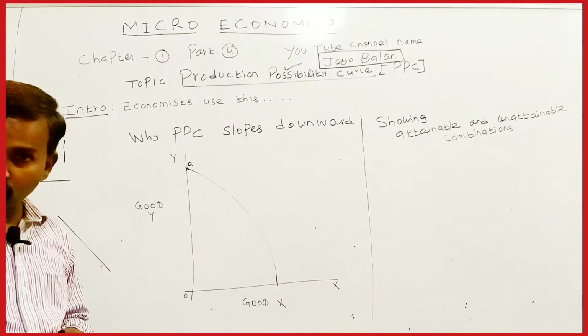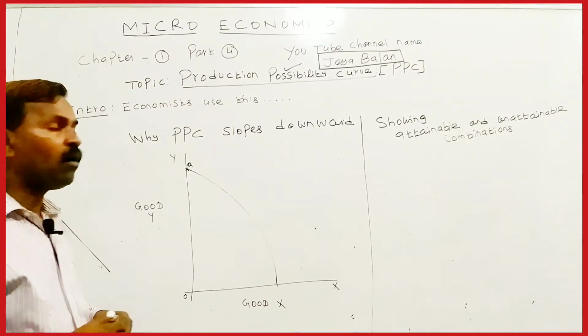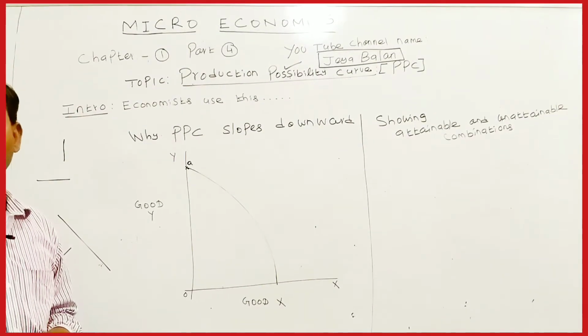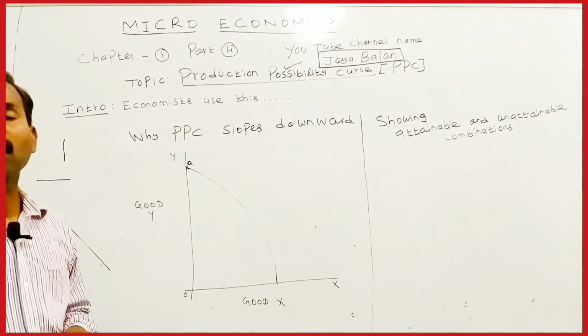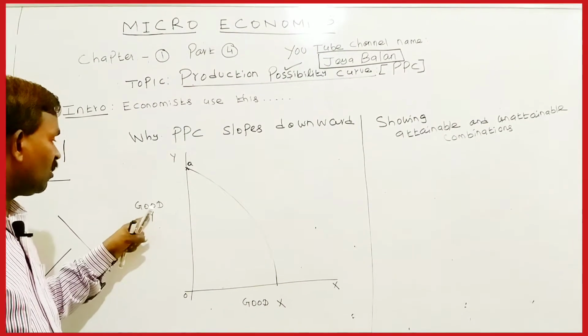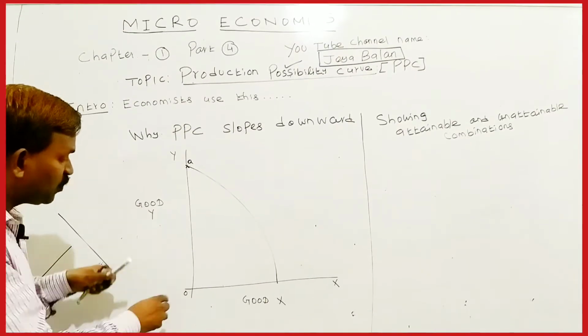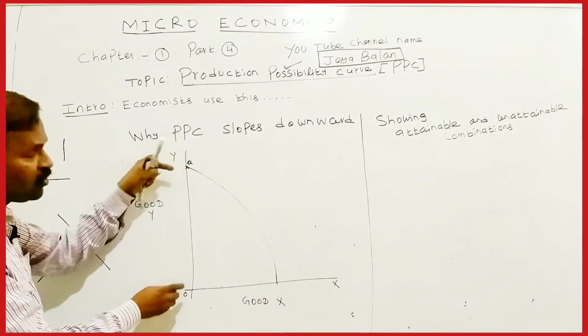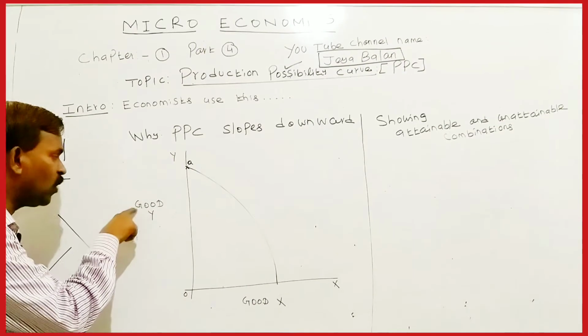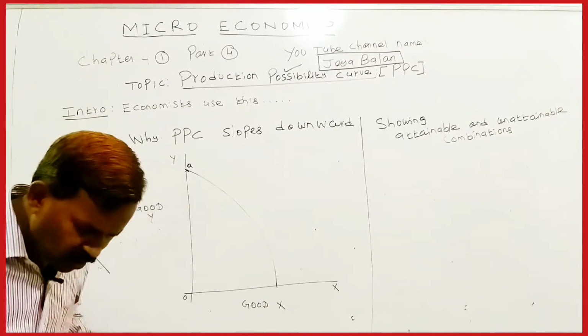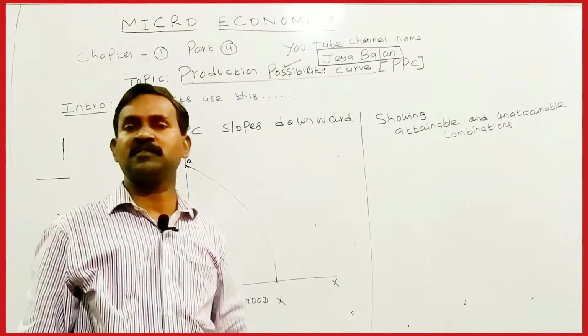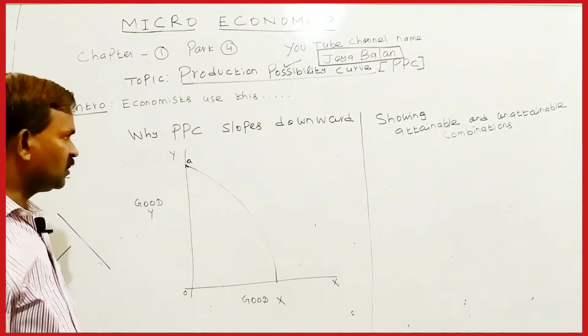This point shows that if all the resources of an economy are used in the production of only commodity Y, the economy will be able to produce OA units of good Y, and no unit of good X. Okay? This is one combination.